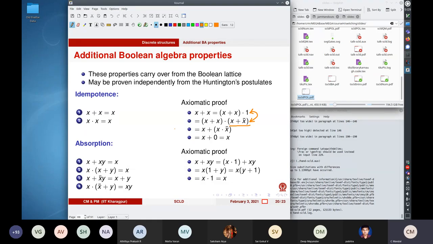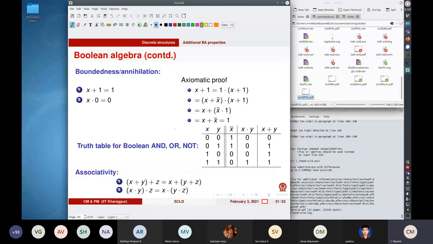So these are various proofs. Here you can prove idempotence, you can prove absorption. Some of these proofs are given here. This is boundedness and annihilation. So you have similar properties in a lattice.